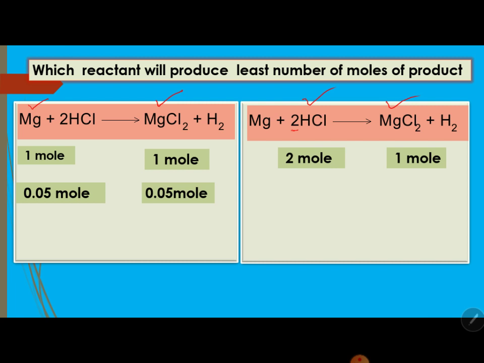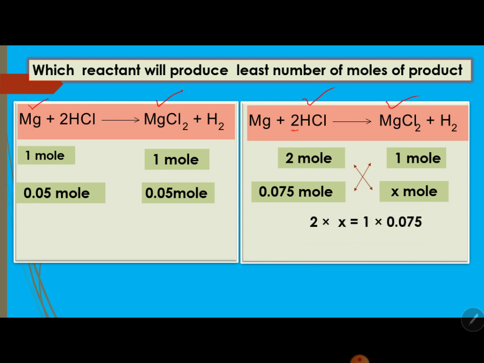The given quantity of HCl is 0.075 moles and the number of moles of magnesium chloride is unknown, so we will write X. Now we can find the value of X by cross multiplication. We will multiply X with 2 and 0.075 with 1, and we will put the sign of is equal to in between. Now we can solve this mathematical equation for the value of X. Value of X will be equal to 0.0375 moles.